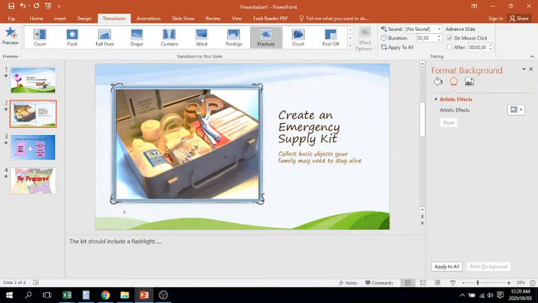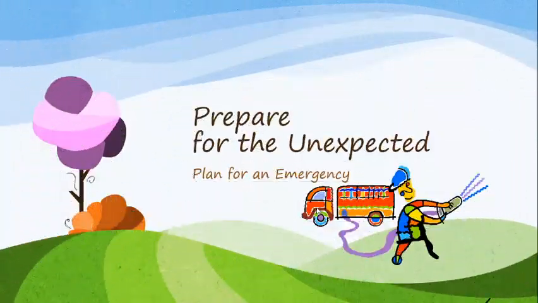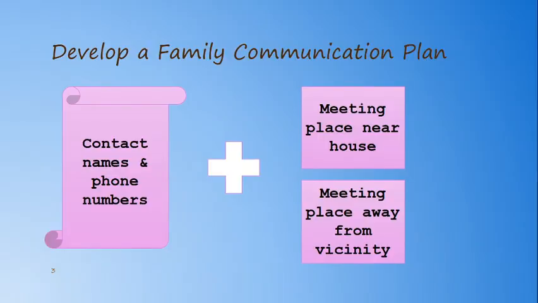And now we need to time that as well. We're going to time it from 2 to 3 seconds. So at the moment it is 2. So we are going to say it should be 3 seconds. And we want to apply it to all our slides. Okay, so if you want to have a look at your presentation, you will just click on that. And you will have a good idea of how it is going to look.